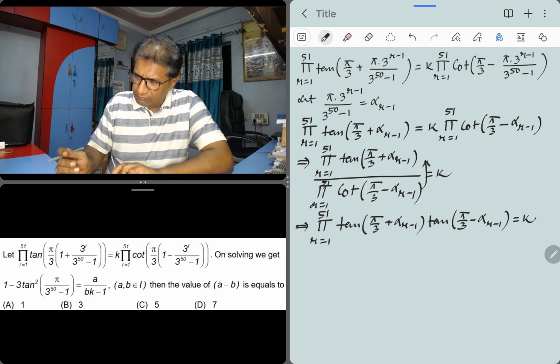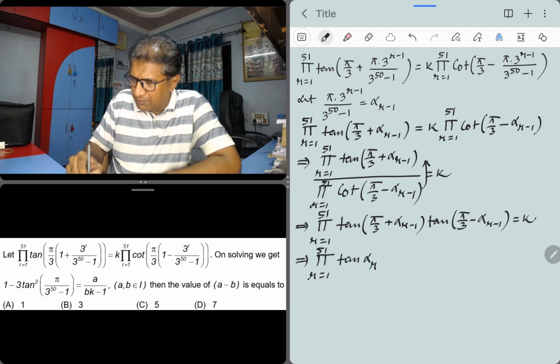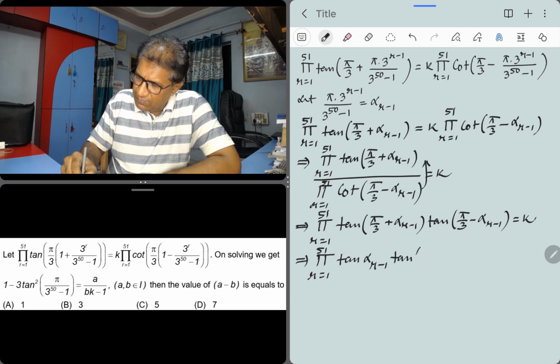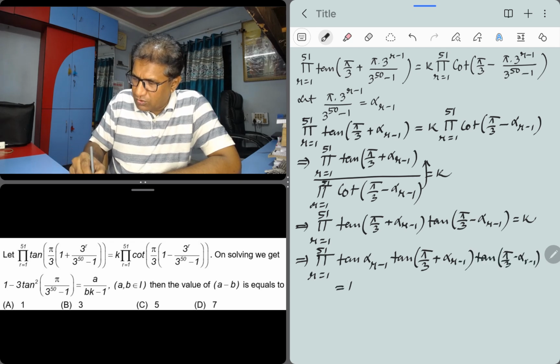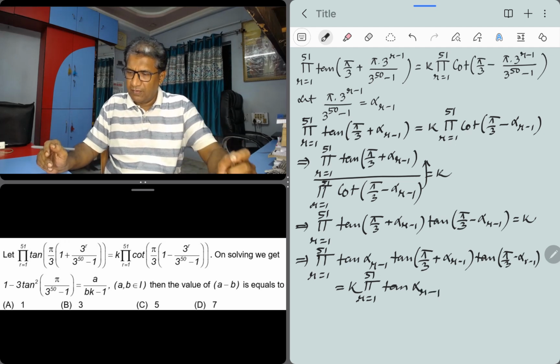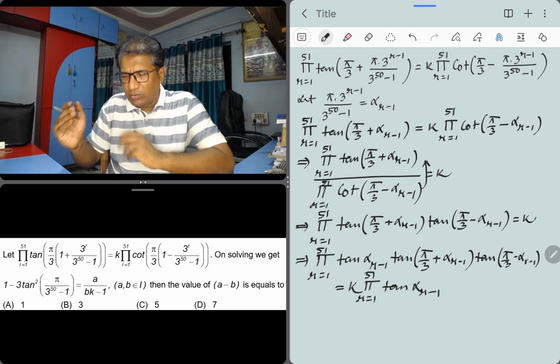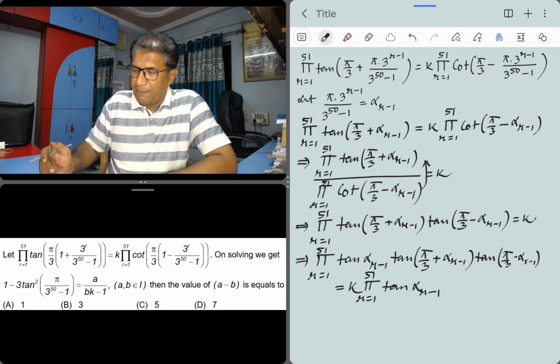Now you see, if I multiply both sides with tan alpha r minus 1, so we are having, which is equal to k times pi tan alpha suffix r minus 1. Is it clear? What I've done is multiply both sides with tan alpha suffix r minus 1.